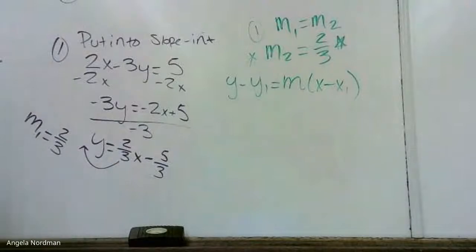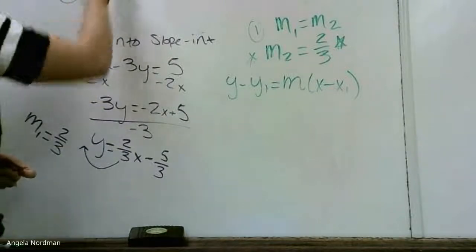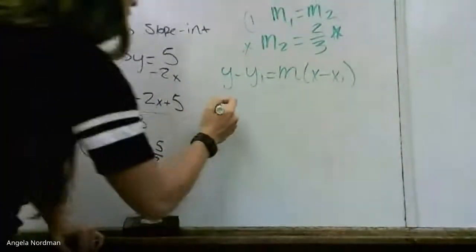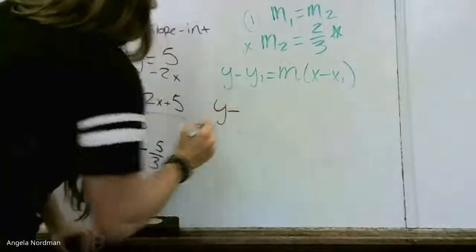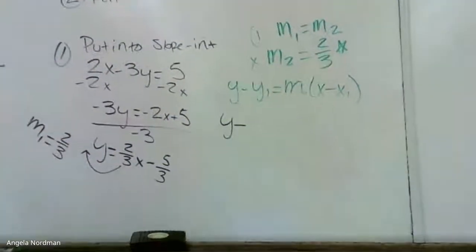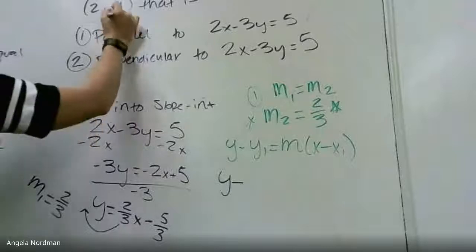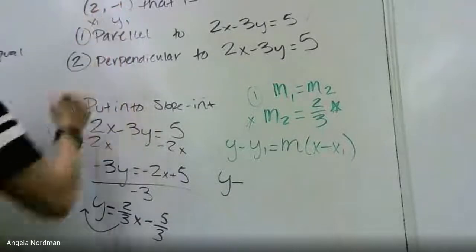If we continue filling this out with the information that we know, that's going to be the point from up top, 2, -1, this point up here. So y minus y1 from up top, this is y1, this is x1.